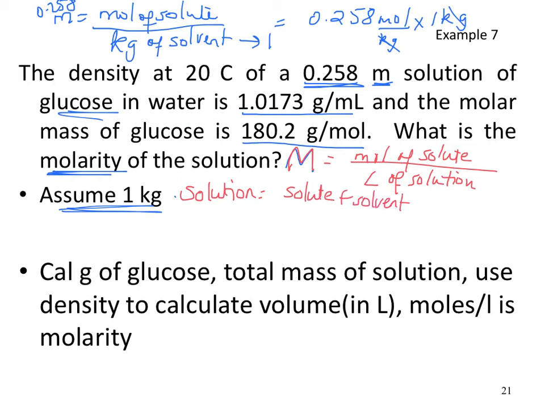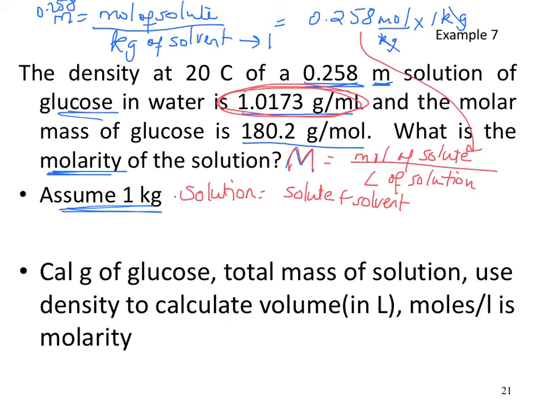So far, we have the value of the numerator straight from here, but we will have to work out the liters of the solution that is provided. So, in order to determine that, we need to use the information that's given for the density of the solution.